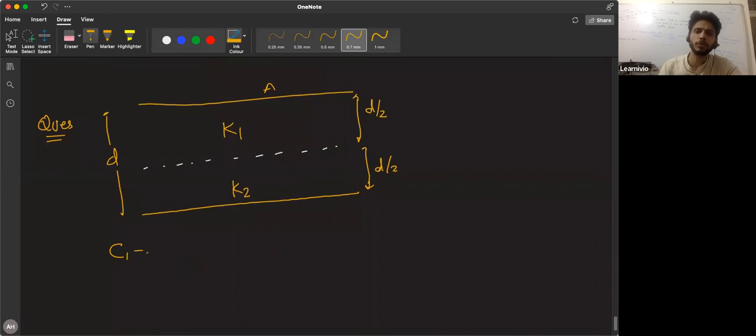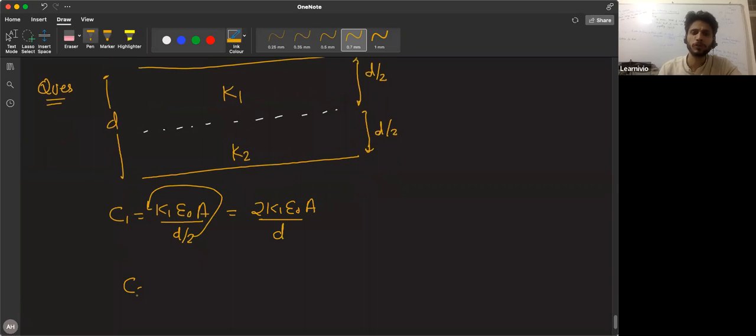The capacitance of first will be K1 epsilon naught A divided by D by 2. So you can take this 2 in the numerator and write this as 2K1 epsilon naught A by D. Similarly, for C2, it's K2 epsilon naught A by D by 2.